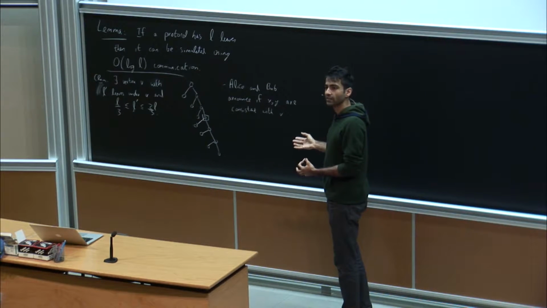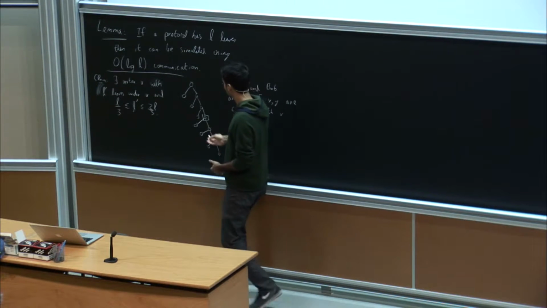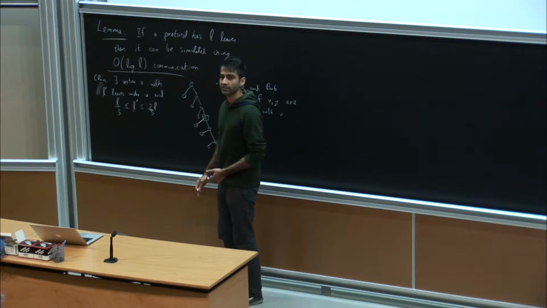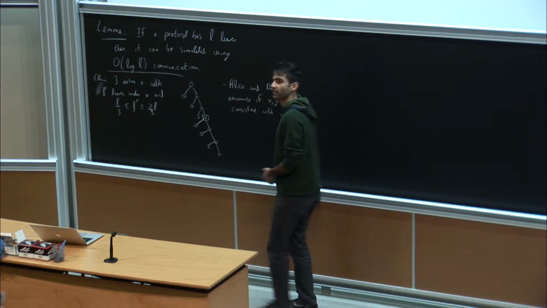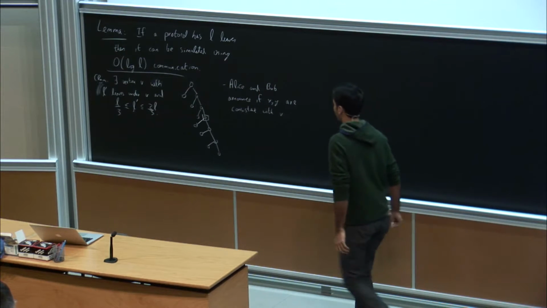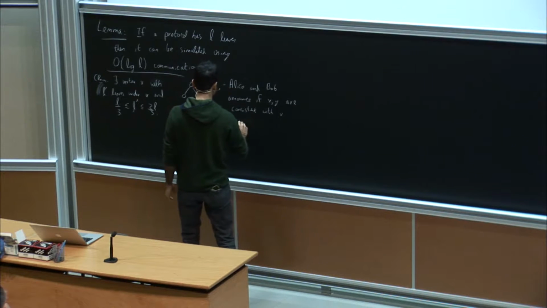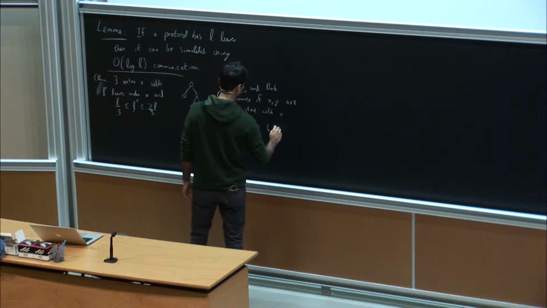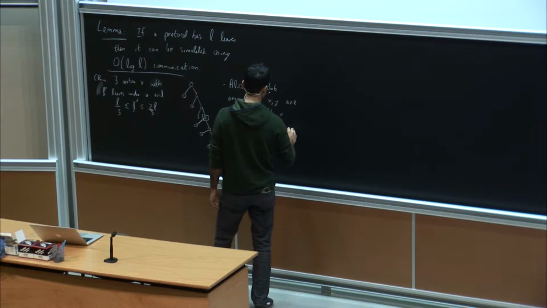So if one of them is not consistent, they know that in this protocol they will never reach this vertex. So they just throw away this part of the protocol tree. So basically, after 2 bits, at least L/3 leaves are eliminated.